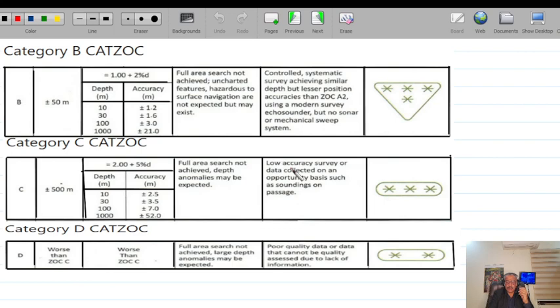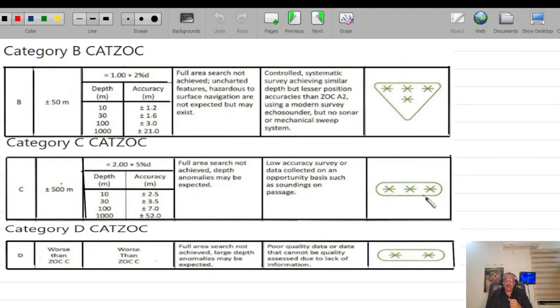And as far as the accuracy of this category C CATZOC is concerned, it is a low accuracy survey or data collected on an opportunity basis such as sounding on the passage. So basically this is when the vessel is passing through the passage, there is a sounding through the echo sounder. Through that, the data is collected and assimilated, on which basis category C CATZOC has been laid down.